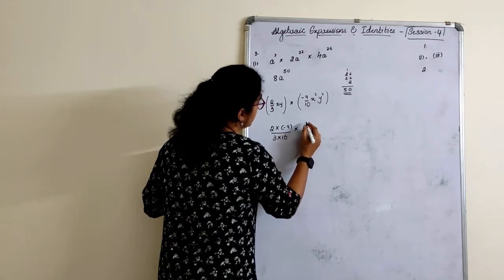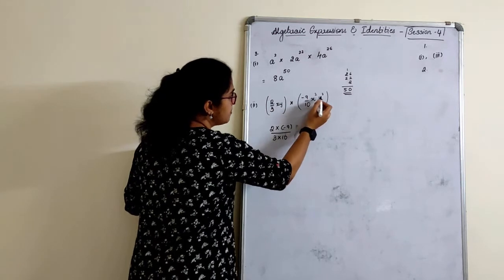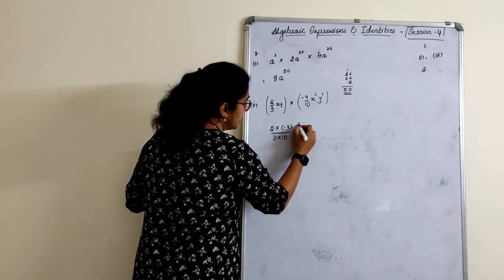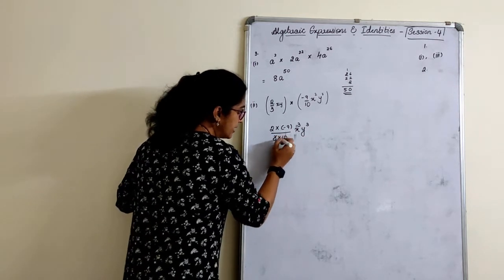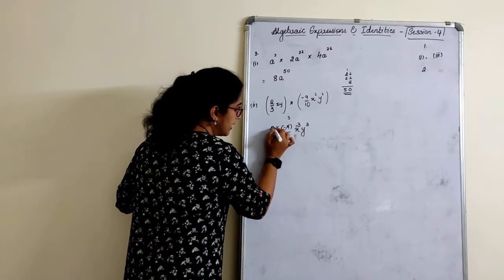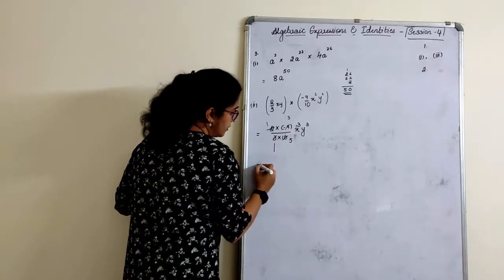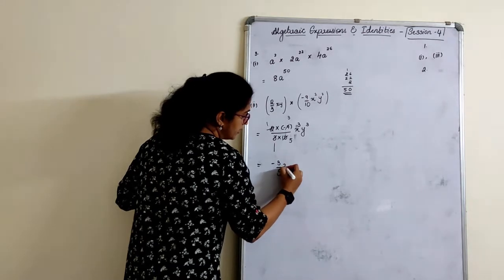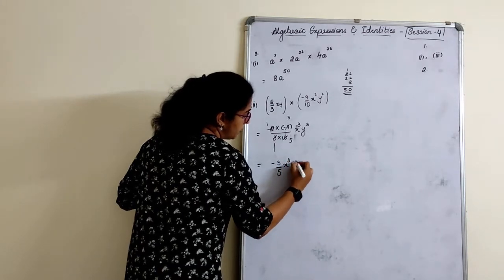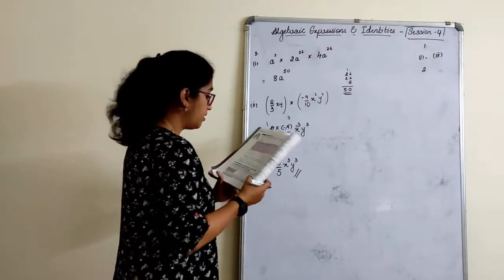Then immediately we can write x 2 times, x 1 time, so x raised to 3, y raised to 3. 3 ones are 3, 3 threes are 9, 2 ones are 2, 2 fives are 10. So this is minus 3 by 5 x cube y cube, which is the answer.